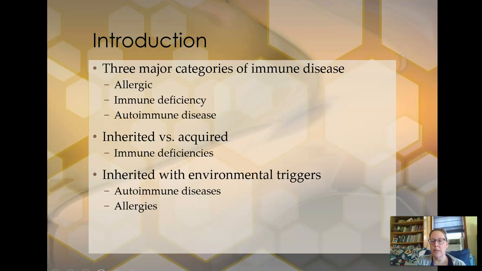Smog and cigarette smoke could also be triggers for asthma. If they're not around that trigger, then they just don't have the asthma or don't ever develop it. But if they have the genetic predisposition and are around the trigger, then they develop the asthma, for example, or the allergy.